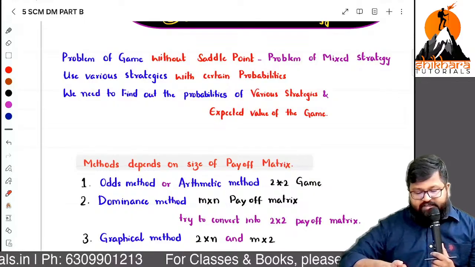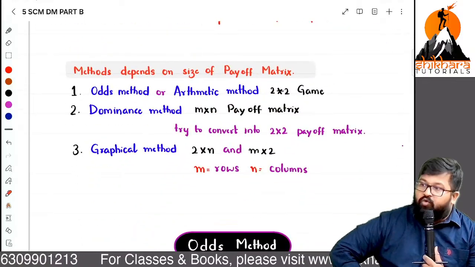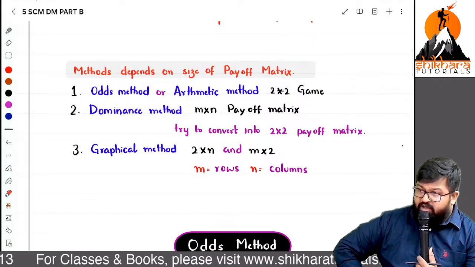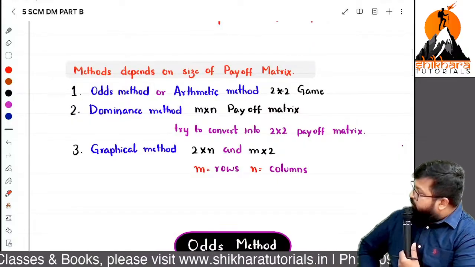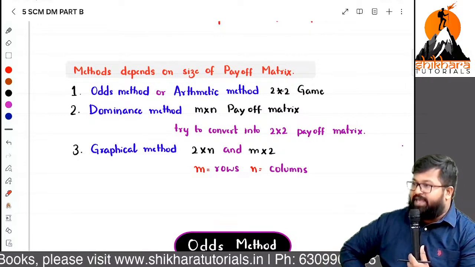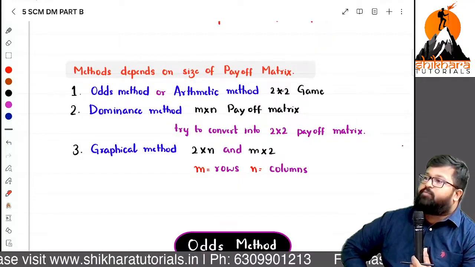Next, what are the three methods we have? The odds method, also known as the arithmetic method. The key point there is that it is 2 by 2, definitely. Next, the dominance rule. It can be m by n, or m by 2, or 2 by m also.